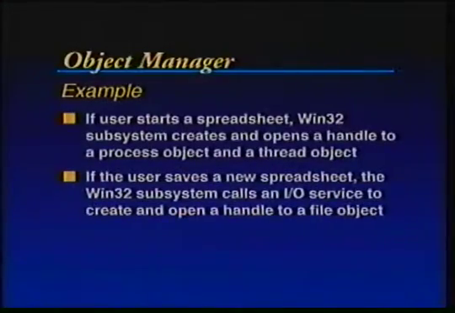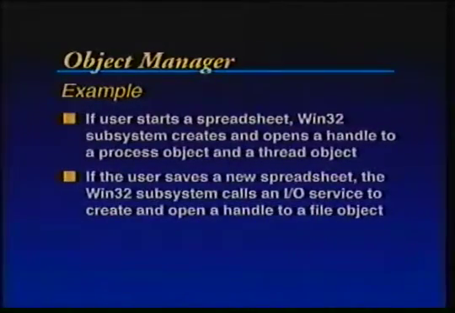In the same way, if a user has written to that spreadsheet and entered some new data, they now want to store it. What's going to happen? Well, there's going to be a system call to something like OpenFile.